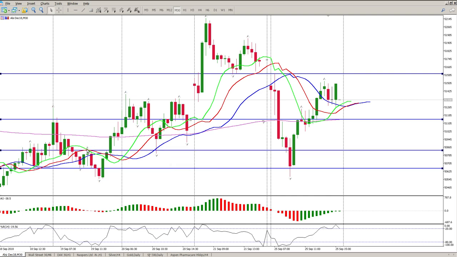So you had this inside tail here, which was the first area where things started happening. And remember what I always say, I'm looking for the second move. That was the first attempt at a level. So I would have wanted to see a second attempt at the level and hold. And there was a second attempt, but it failed. Okay. And then we had a bit of a V reversal off there.